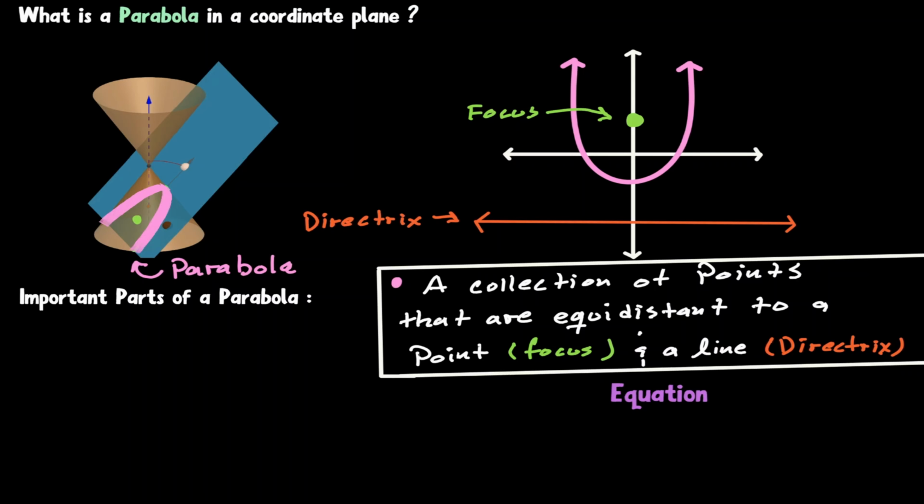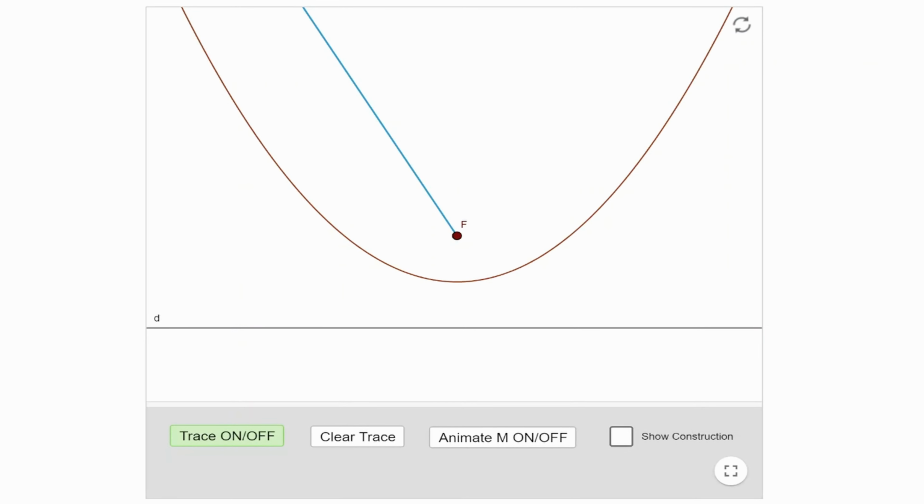Here we got our focus, and here we've got our directrix. But now let's visualize this definition. So let's consider this parabola, which we have here, our focus point, which we have here, and our directrix, which we have here. This line in blue will represent the distance.